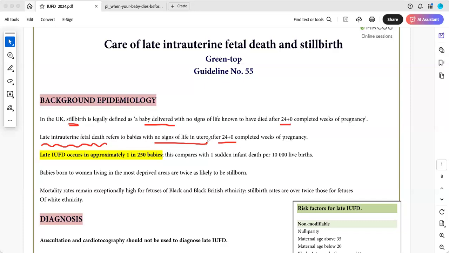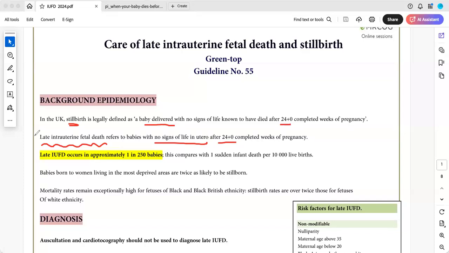The difference is that the baby is out, the baby is delivered. So this is a stillbirth, right? It's legally defined as a baby delivered with no signs of life, known to have died after 24 weeks.